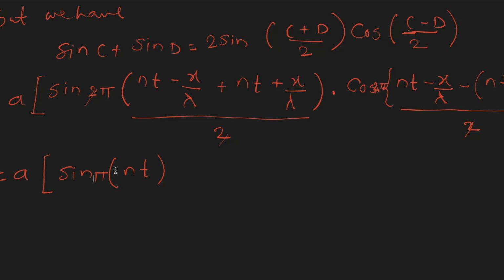Here nt plus nt is 2 times nt, into cos 2 pi, in bracket nt minus x by lambda. Here this 2 and 2 we have cancelled.